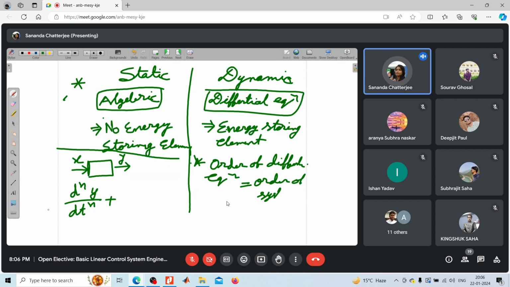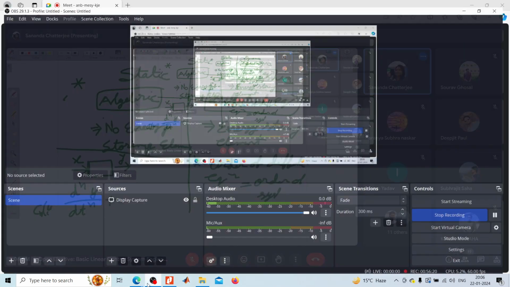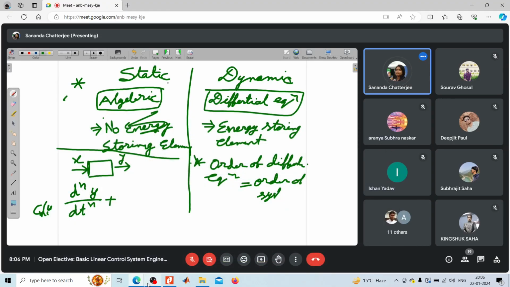And the coefficient, the first coefficient that corresponds to the nth differential term, could be a function of y, x, and t.